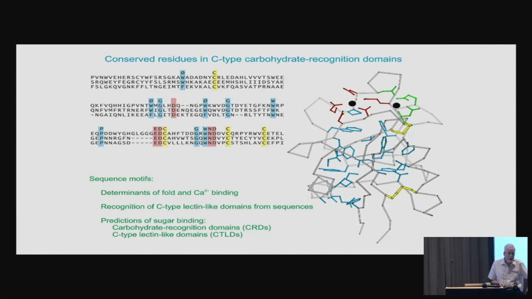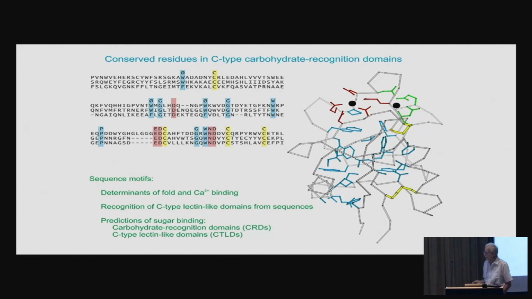But we have to be very careful at this stage to distinguish the fact that there are whole families, many examples of domains that contain all of these residues but do not contain the calcium binding site. And those residues, from what I've told you, are not likely to bind sugars.